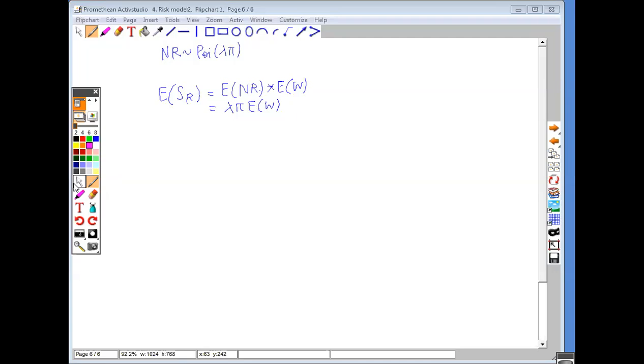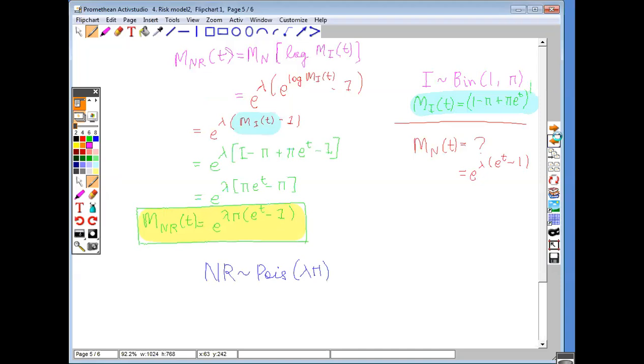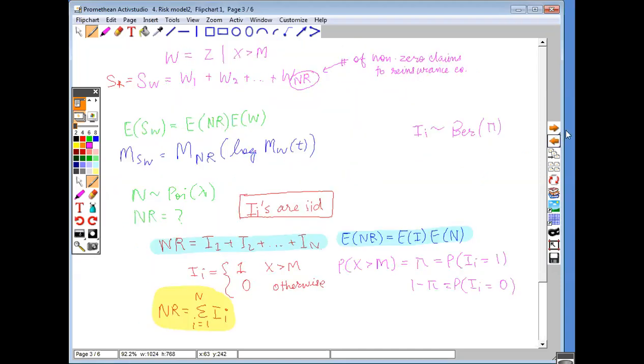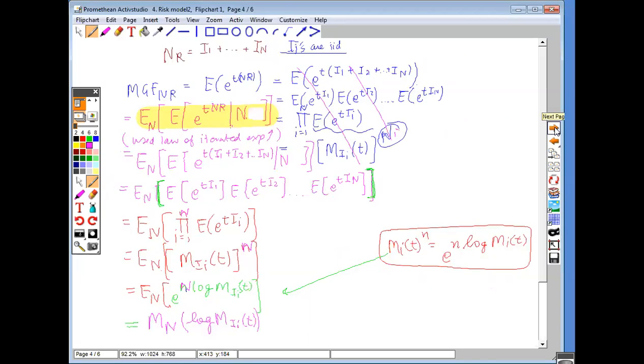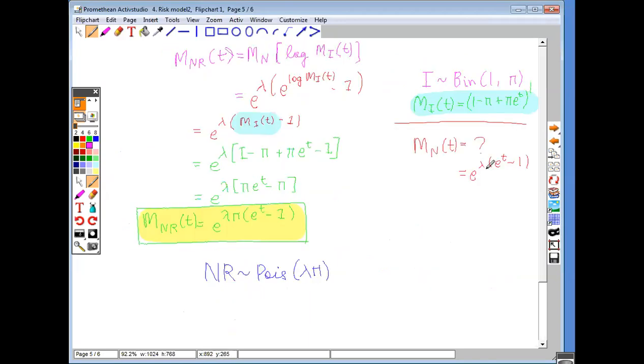Does this make sense? So remember, I have done really nothing new. What we did was, we have already written this, right? That my SW is nothing but SR. So my expectation of SW is just expectation of NR times the expectation of W. And what we did was, we just derived the MGF of NR, which led us to the conclusion that my NR follows Poisson with the parameter lambda pi.